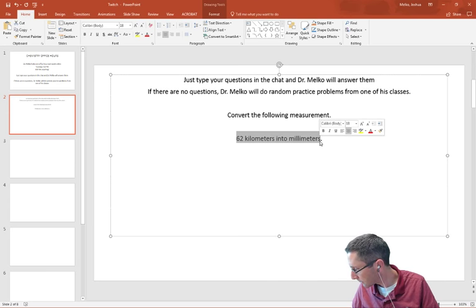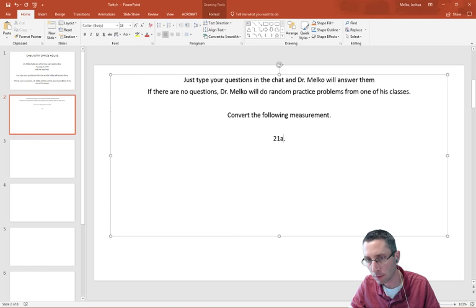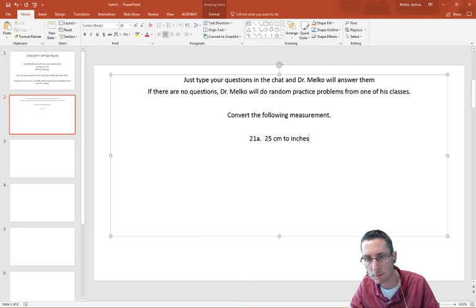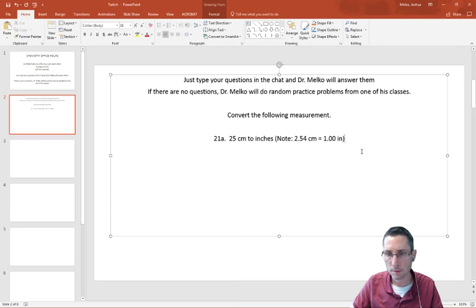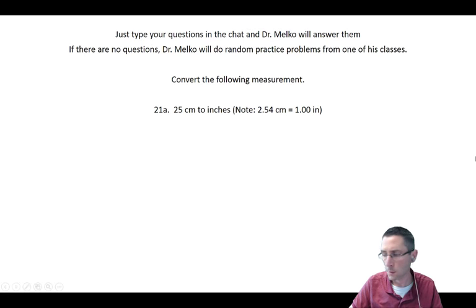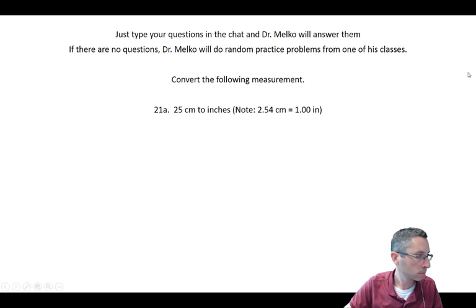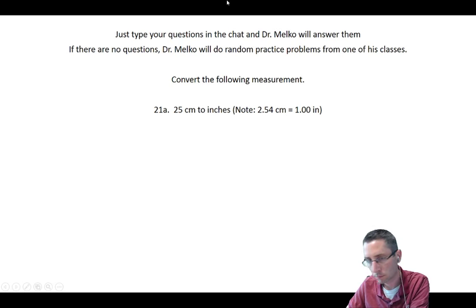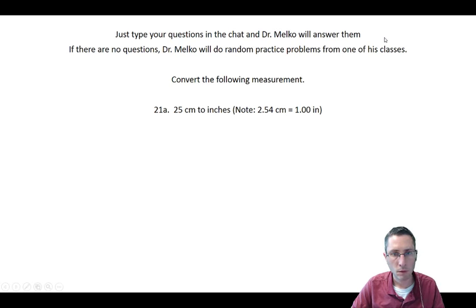This is at the end of chapter 2, number 21A. This one asks us to convert 25 centimeters into inches.